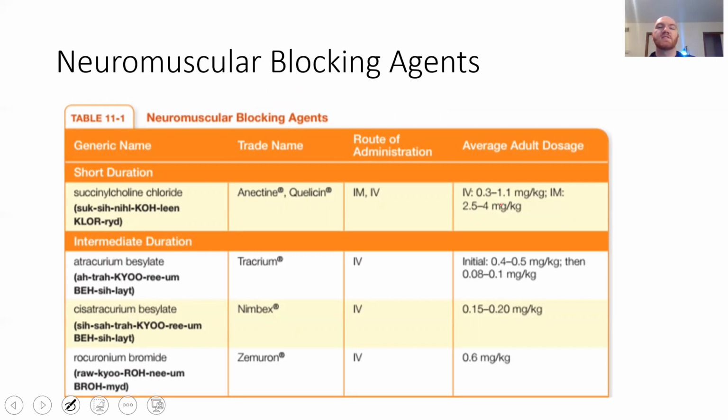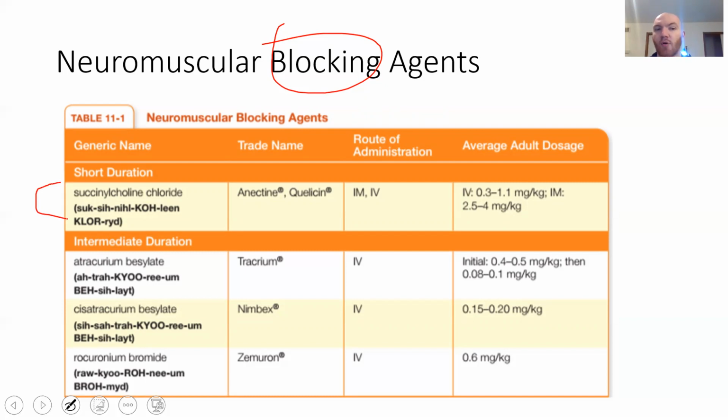As far as drugs that block muscular activity, these are neuromuscular blocking agents. Whenever someone gets these, they do not have any kind of muscle function. It's dose dependent, of course, but this will stop all contractions. A really common one is succinylcholine, a very fast-acting drug.